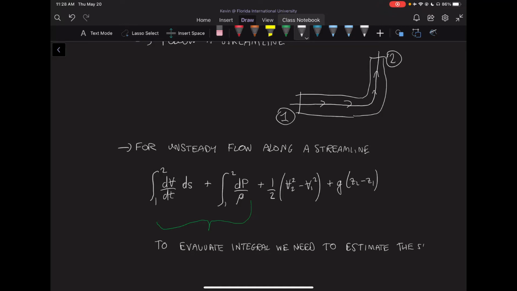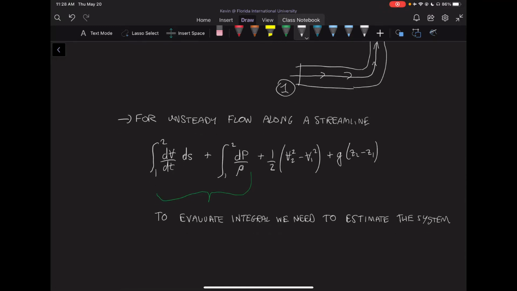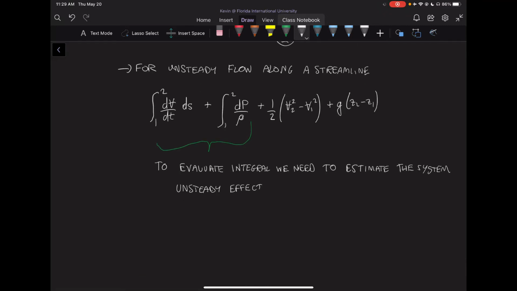So we need to have some sort of reading as to how the system is unsteady. So we have to estimate the system unsteady effect, the unsteady effect coming from the system.